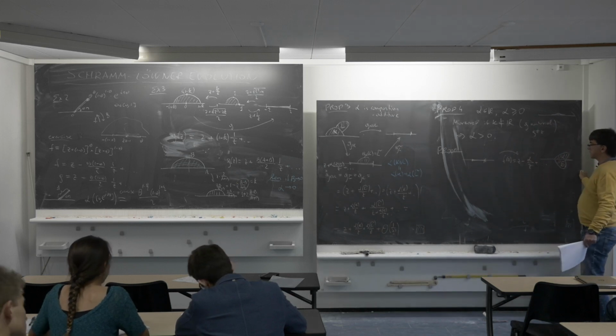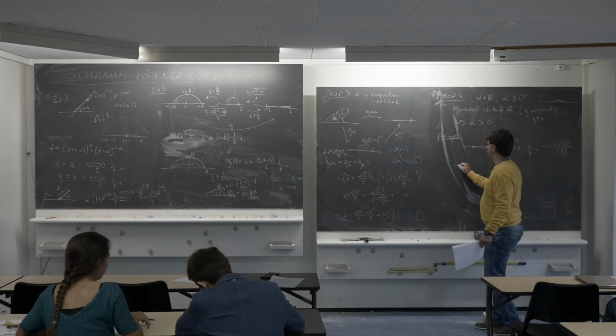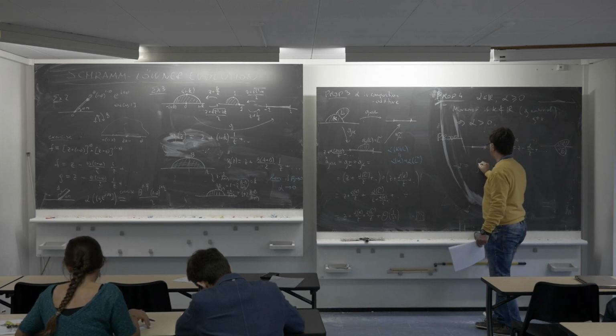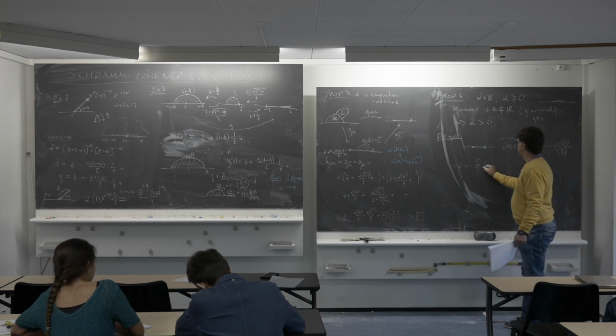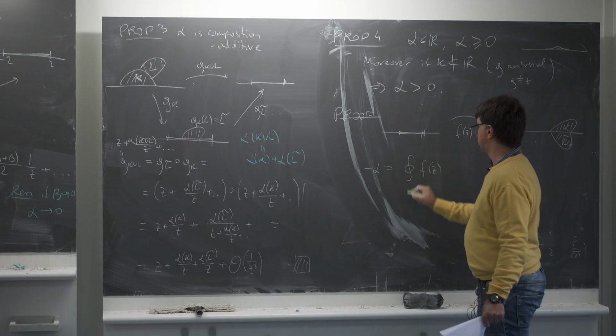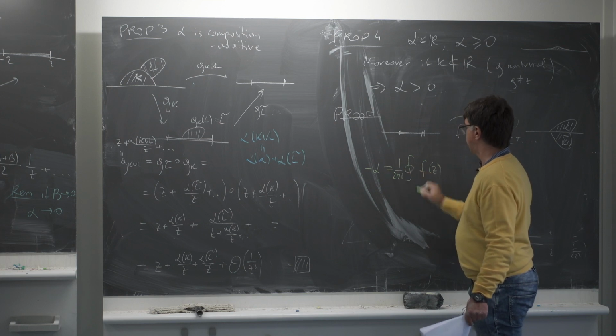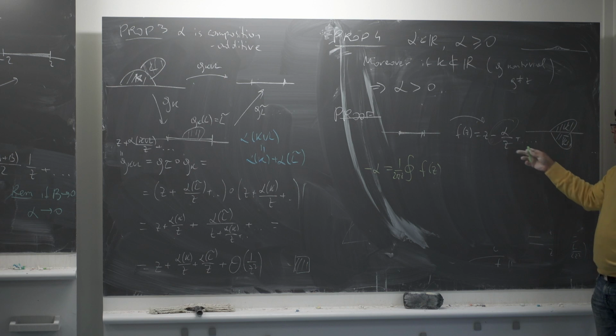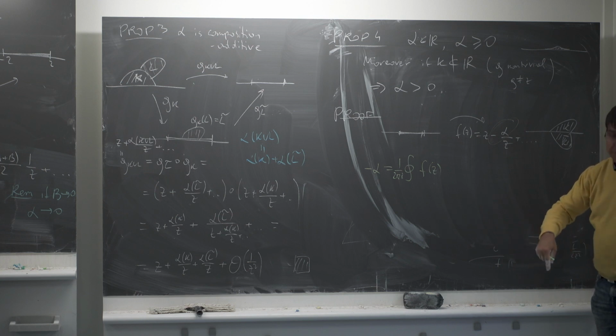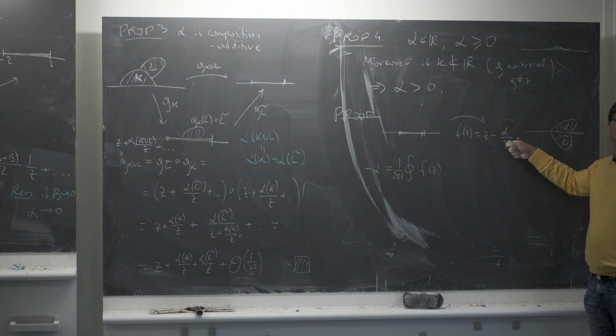So this coefficient minus alpha will be equal to the contour integral of f of z, 1 over 2 pi i, and I can take any contour which goes around infinity. Because if you just integrate an analytic function around a contour, you get 0. But if it is meromorphic, you get exactly the 1 over z singularities.